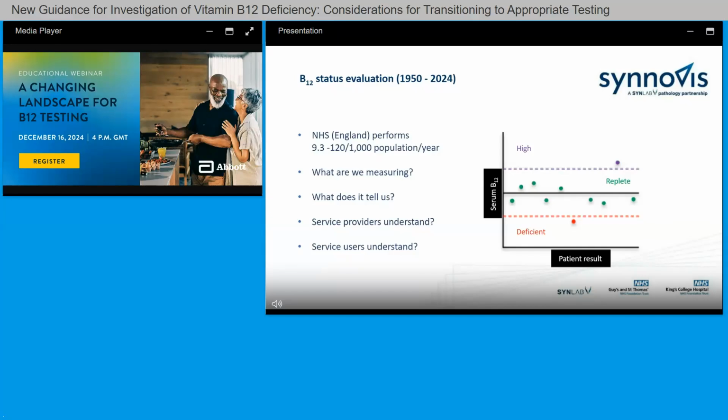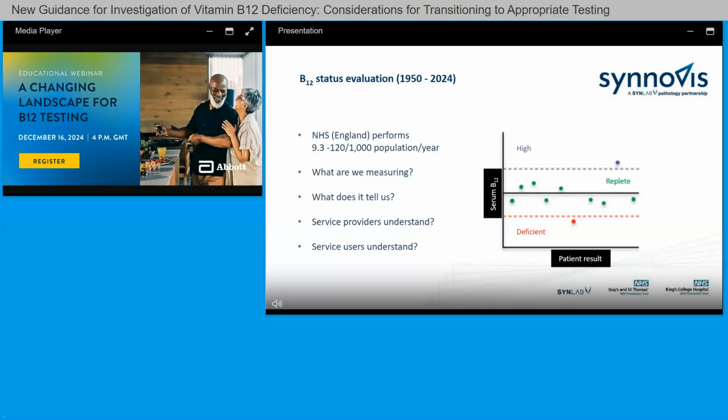Now, interpreting a serum B12 assay result within a laboratory is quite simple, isn't it? We have a reference interval, and if the concentration of serum B12 is below the lower limit, we classify it as deficient. And if the results are above this, we classify it as replete or high. So we say that that is fine.